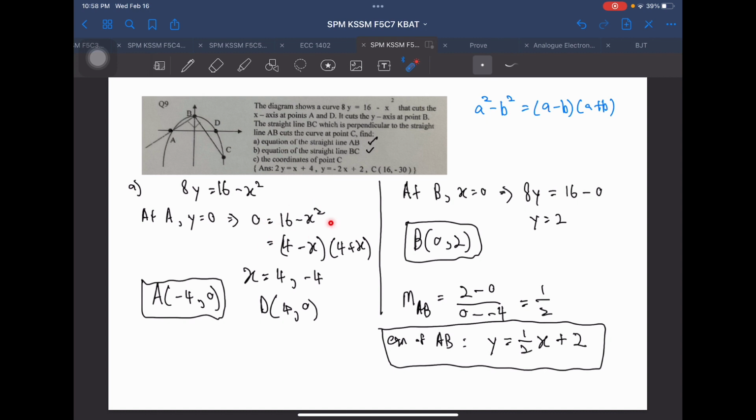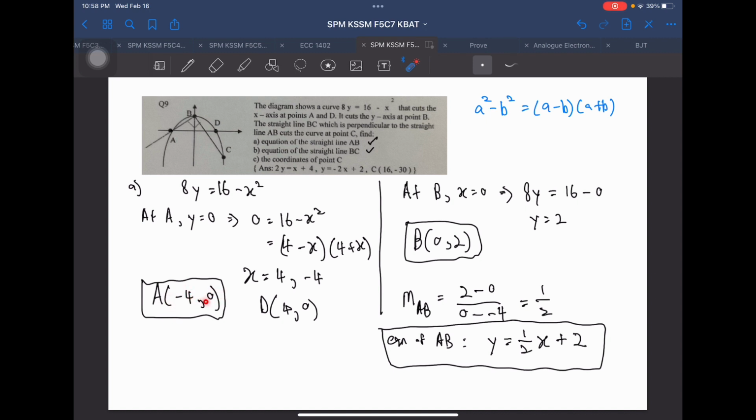You got 0 equals 16 minus x squared. And then how to factorize this? You know that a squared minus b squared equals (a minus b)(a plus b). So equals (4 minus x)(4 plus x). x is 4 and negative 4. So there are two solutions here. Note that A is in the negative quadrant, so the x for A is negative 4.